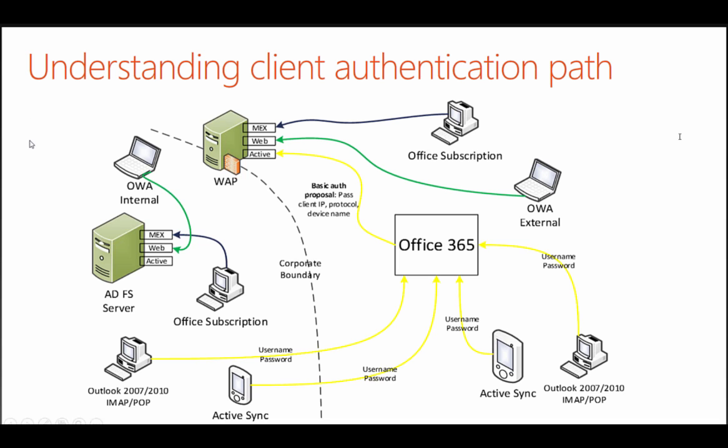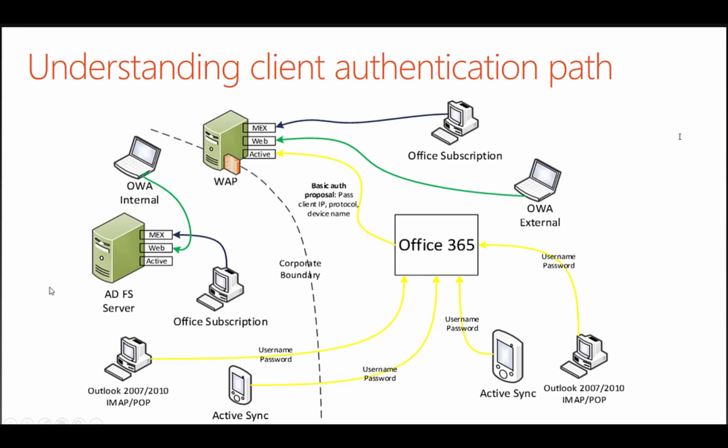In here you can see the different ways that connectivity happens. So our Office subscription, OWA internally, Office 2016 would be included in here. They would go directly to the ADFS server internally. This is going to help with that single sign-on experience. If you have a domain join machine, it's going to be able to pass credentials through to the ADFS server and get that single sign-on.